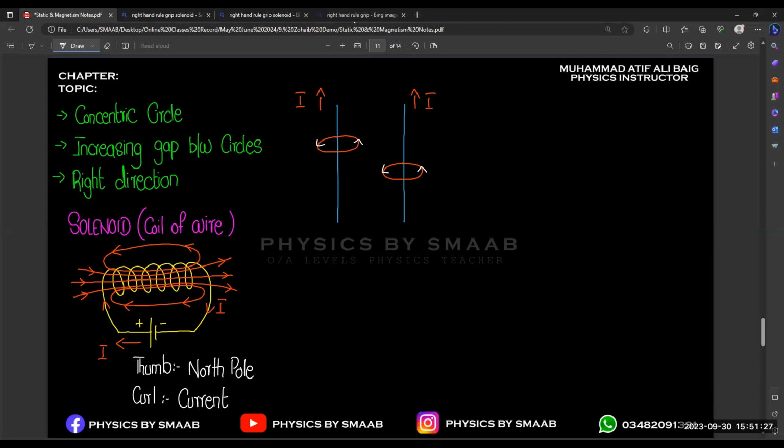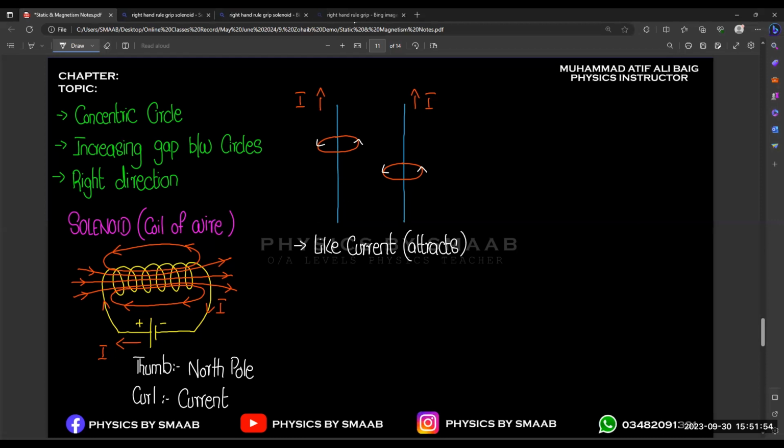So the first important point that we identified is that when we have like direction of electric current, they will attract each other, right?